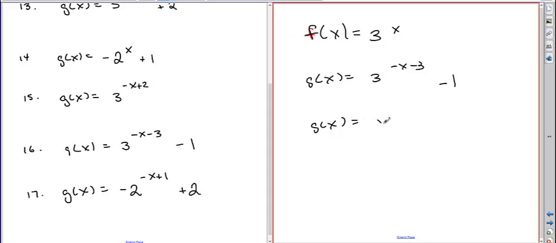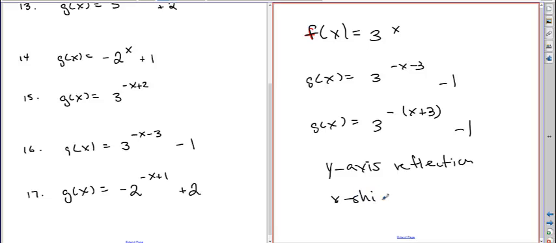Again, we factor out the negative sign. So we get 3 to the negative the quantity x plus 3 minus 1. So we have a y-axis reflection. We have an x shift of minus 3, and we have a y shift of negative 1.